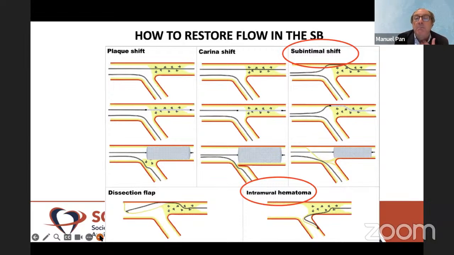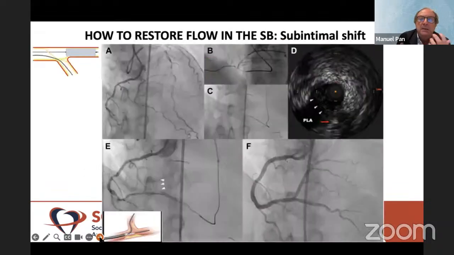This mechanism may occur in CTO plus bifurcation, but in the combination of both, intimal shift and intramural hematoma are even more frequent. This is the more frequent mechanism of side branch compromise and specific of this technique.